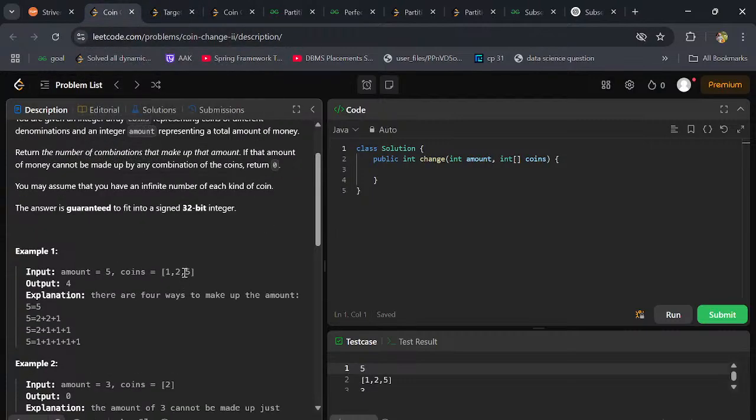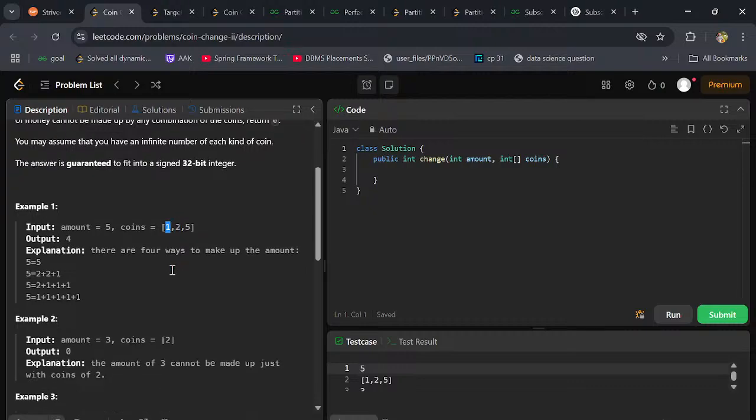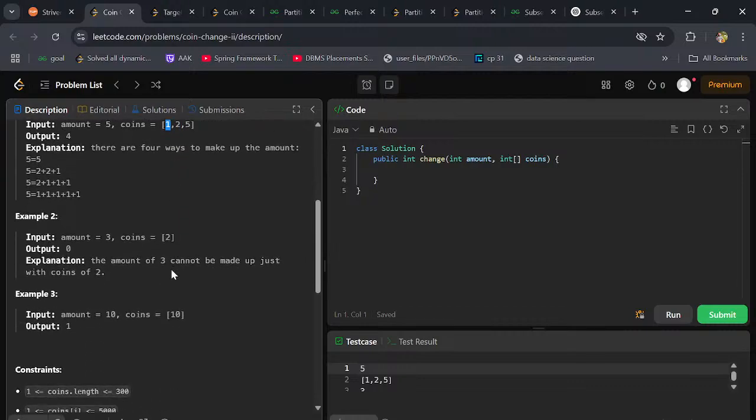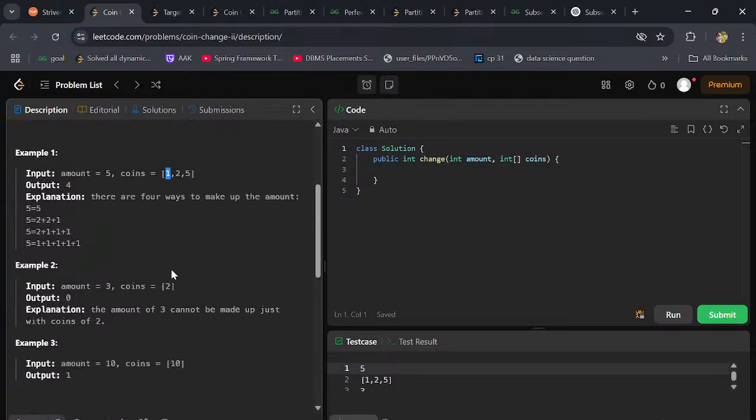Now you have an infinite supply. It's not the fewest coins, actually, it's how many ways. For the amount 5, how many ways can you make it? This is a 5, one way. By taking these 2 two times and this 1 one time, by taking these 5 times, by taking these 2 and these 3 times, like that. It's basically 4 ways, right?